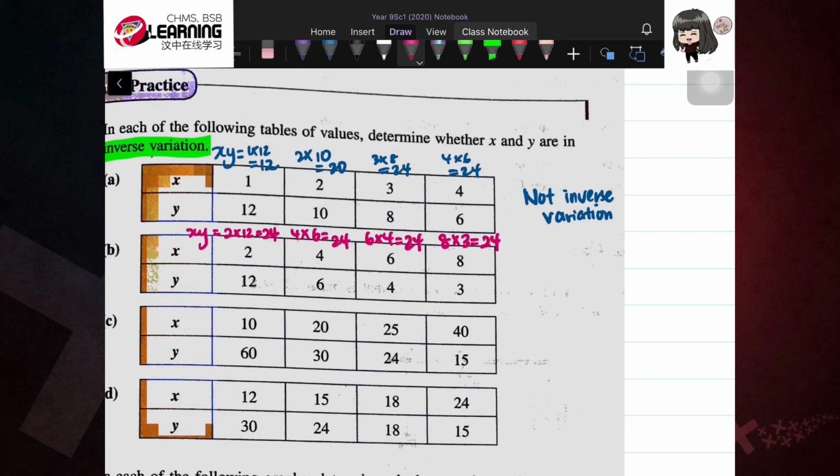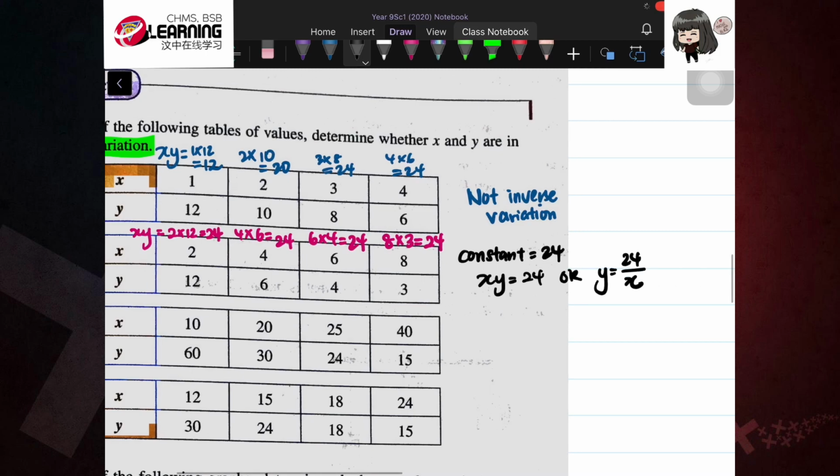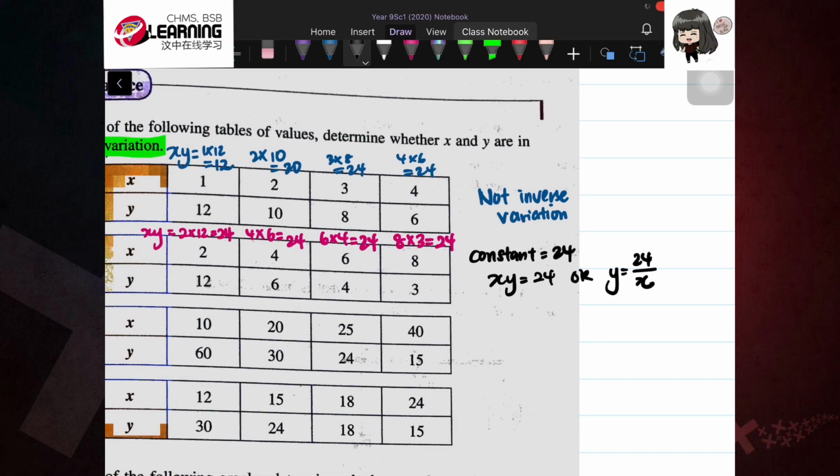So here we can say that the constant is 24. So the equation connecting x and y will be xy equals 24, or y is inversely proportional to x with a constant of 24.